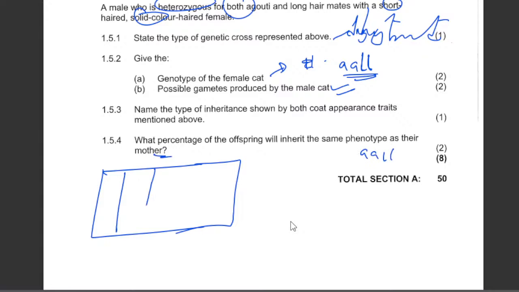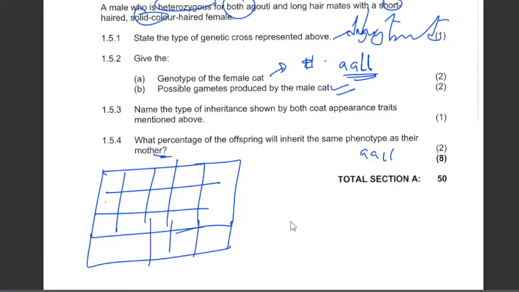So if you put it in the Punnett square, you'll find out that it is small a, small l, small l, small l. So you can complete it. And then here we say it is capital A, capital L, capital A, small l, and then small a, capital L, small l.